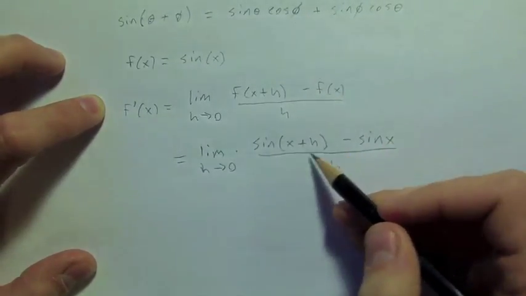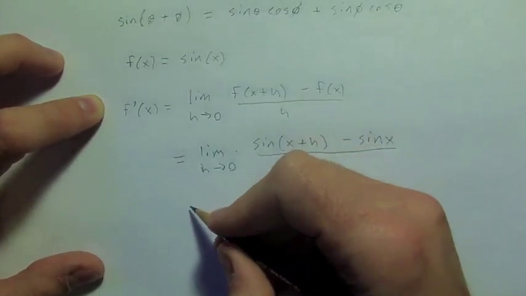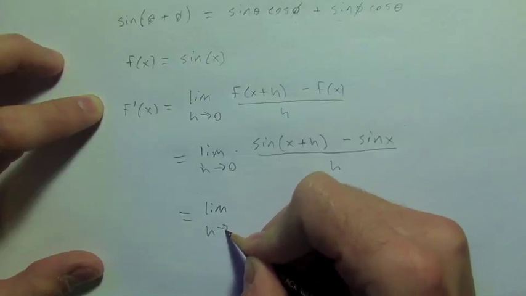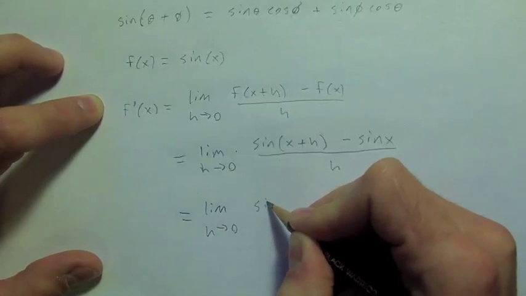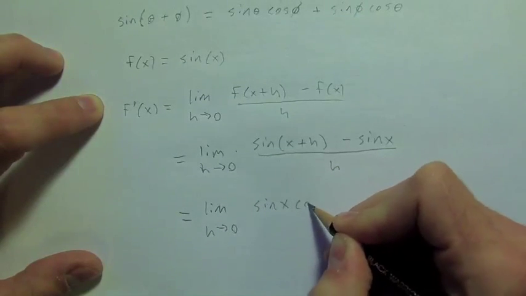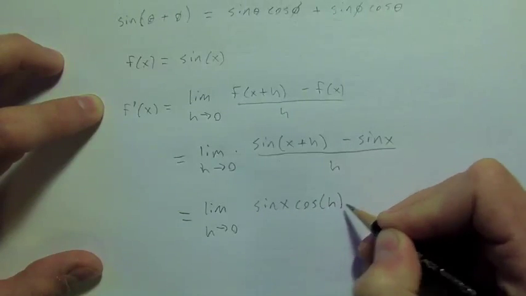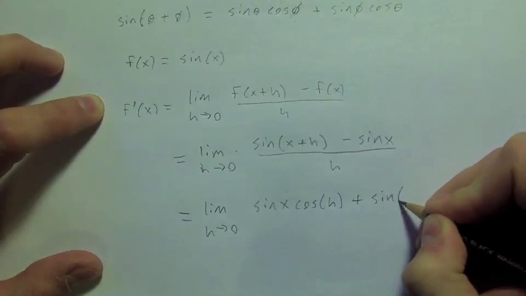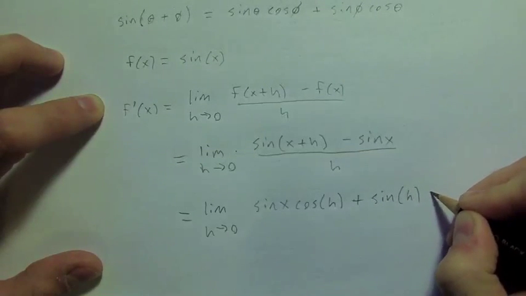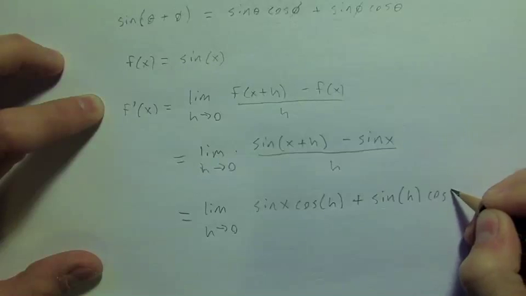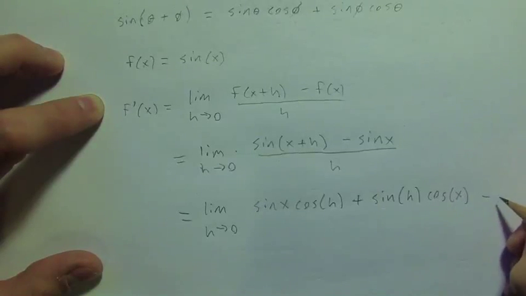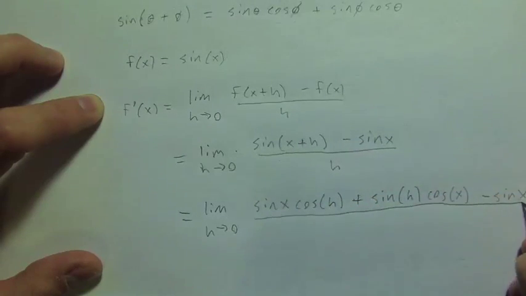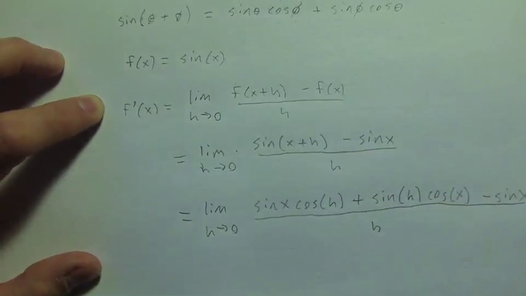Okay? Now here's where we're going to use this identity. We have the sine of x plus h. I'm going to break that up with this identity. Right, so this is sine x times cosine of h plus sine of h times cosine of x, minus sine of x, all over h.